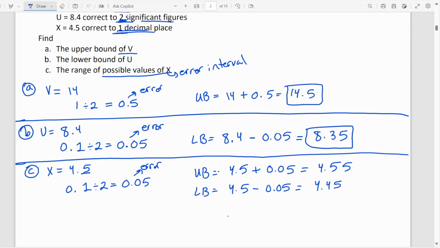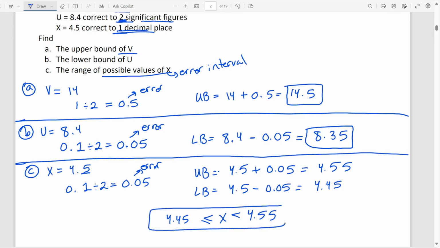And so the error interval, or the range of possible values, is basically between the lower bound, which is 4.45, and less than 4.55. This is the final answer right here. I hope it was clear. Okay, now let's move on to the next example.